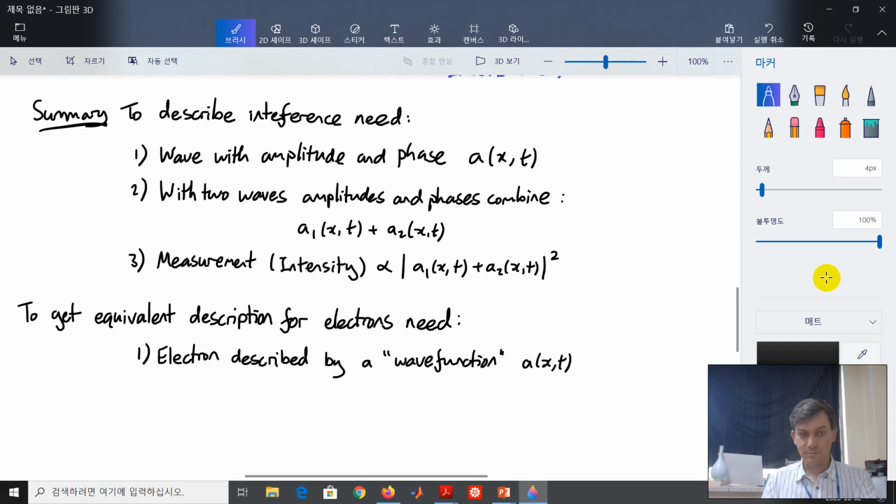A(x,t). Okay. Secondly, in the case where both slits are open, the wave functions are added together. So if there's more than one possible path, the wave functions for each path are added together.